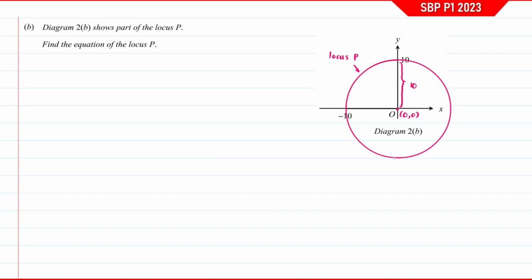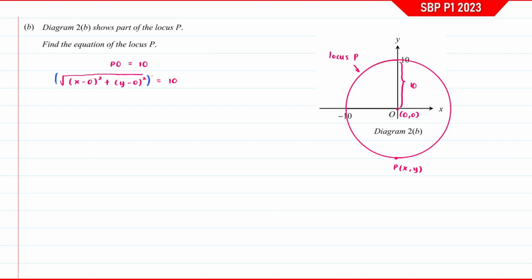The moving point P, which lies on this circle, its distance toward the center is always equal to 10. So we can say that PO is equal to 10. To find the distance PO, we're going to use the distance formula. So square root of (x minus 0) squared plus (y minus 0) squared is equal to 10.